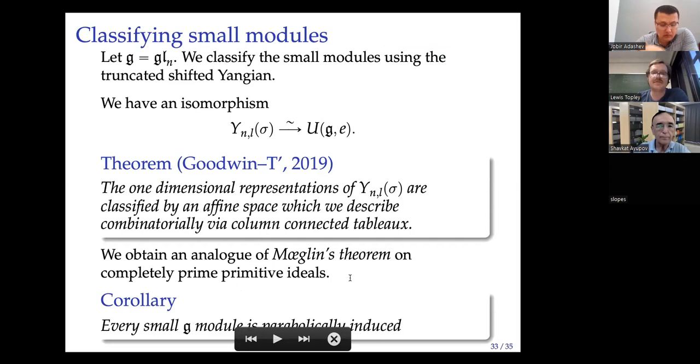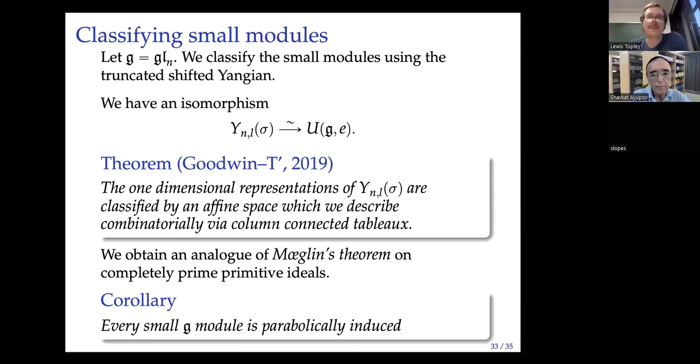And this gives an analog of Premet's theorem, which classified completely prime primitive ideals of the enveloping algebra of complex GL_N. And the consequence was that every small module is parabolically induced. So this is a much cleaner way of describing the representations rather than saying that they come from some Yangian. This is very classical stuff. So it brings the description down to earth a little bit, I think.